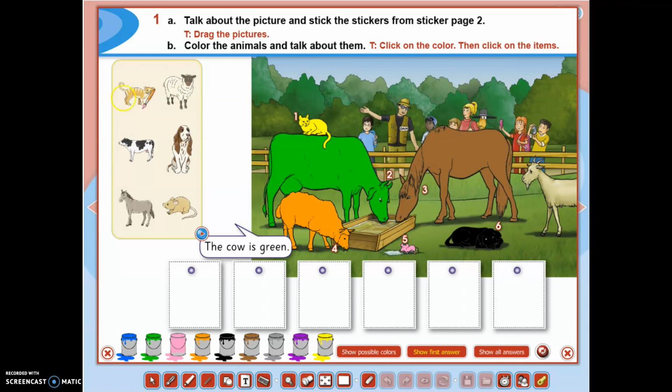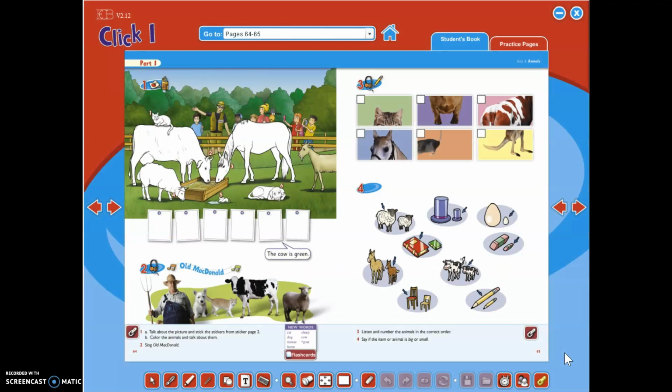A cat, a sheep, a cow, a dog, a horse, a mouse. Okay, now let's do exercise number 3.